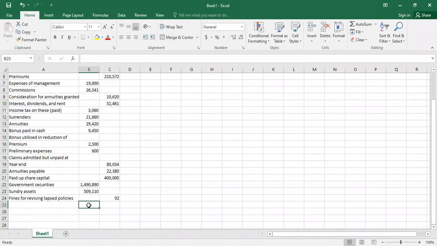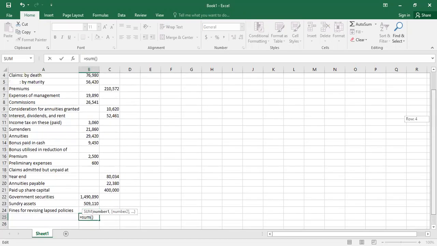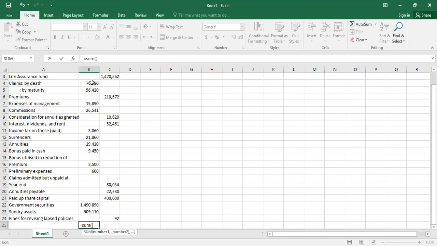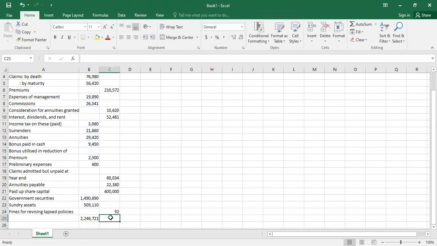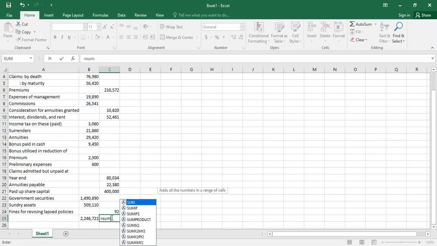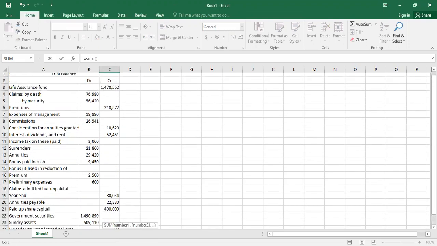So this is equal to sum. Allow me to use the formula. So I'm adding all this. Enter. Is equals to sum, and add everything in this column.